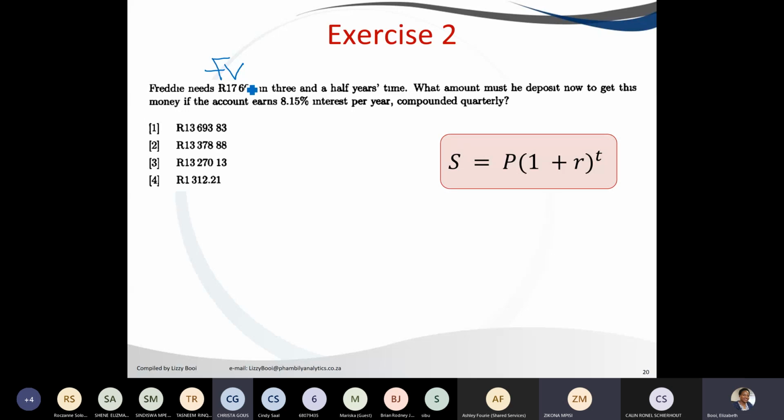The future value. It's your future value. The period, which is your T or your N, is 3.5. We need to be calculating the present value or your P, your interest.